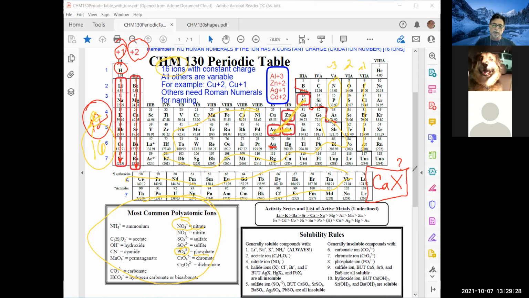I know my periodic table looks a little messy there, but think about where calcium's at. Okay, calcium's number 20. It's in group 2. What is the charge of the ion that calcium metal creates when it loses 2 electrons? Isn't that a +2? It's in group 2, right?